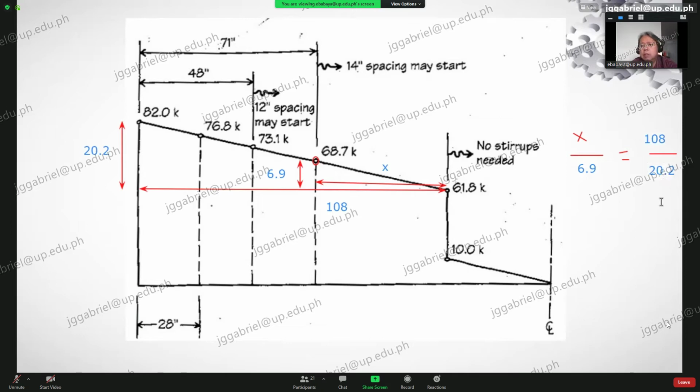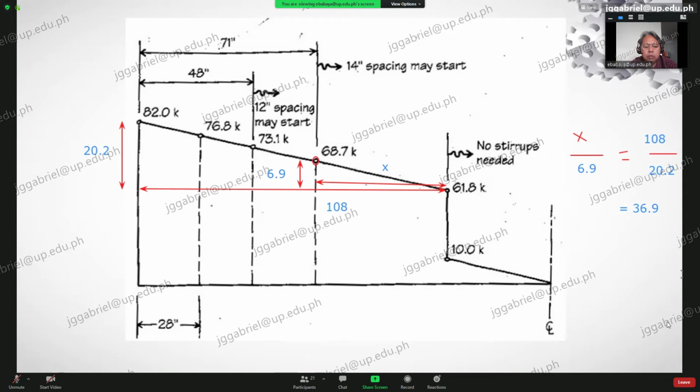So x will then be how much? 36.9. Okay, so x equals 36.9. Did you follow that?